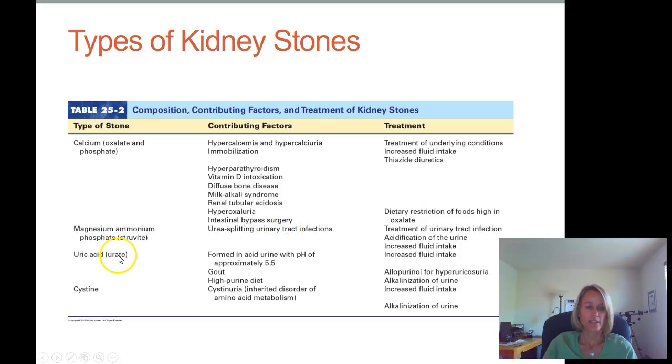Uric acid stones are formed in acidic urine: gout, high purine diet. Cysteine stones, where we can have too much cysteine amino acid in the urine, and this is an inherited disorder.